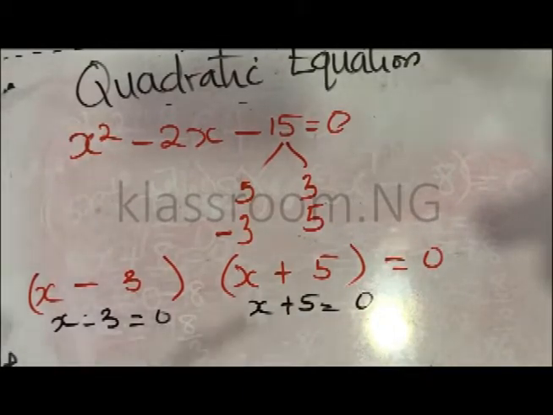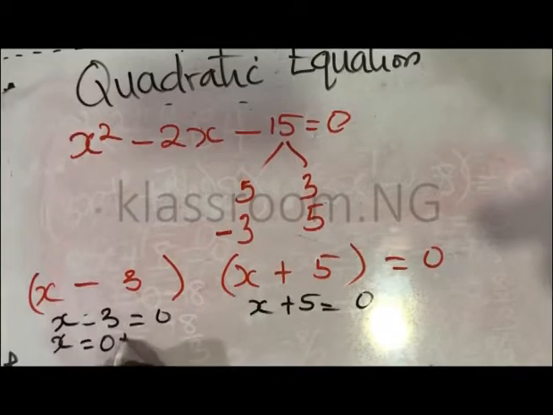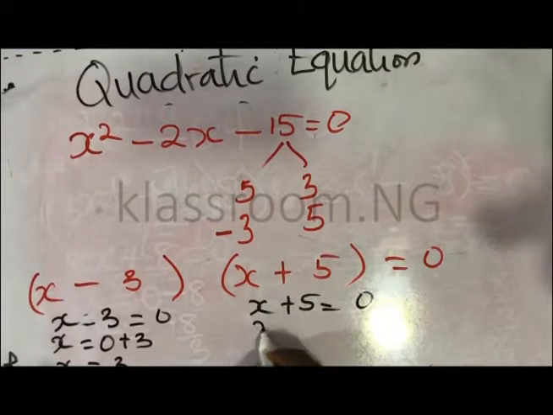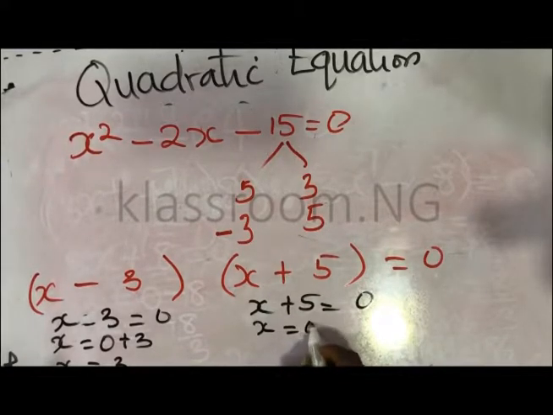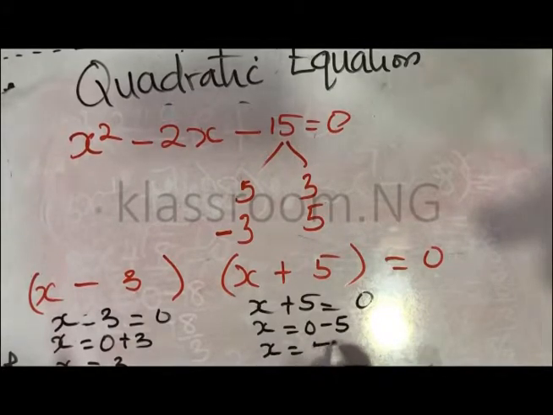So we're going to solve the numbers one after the other. So here we're going to have x equal 0 plus 3, giving us x equal 3. Then we have x equal 0 minus 5. Then we're going to have x equal minus 5.